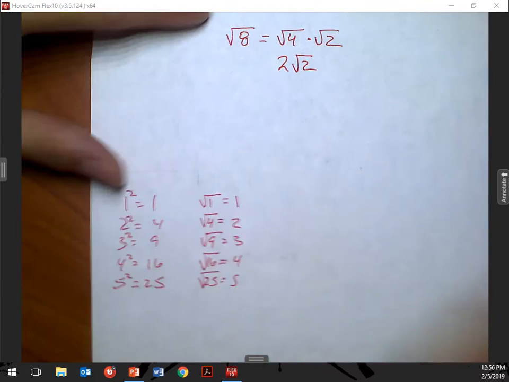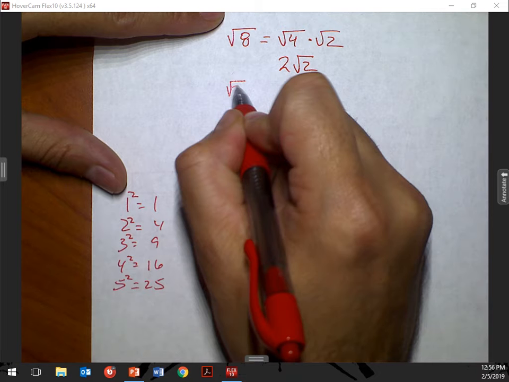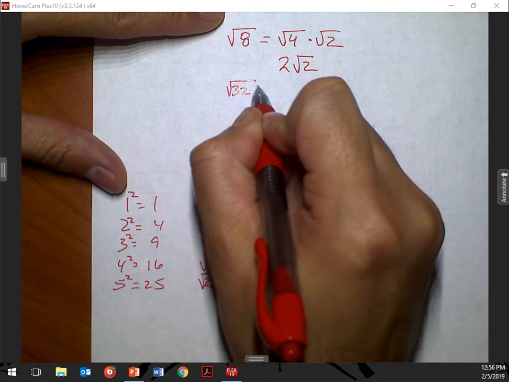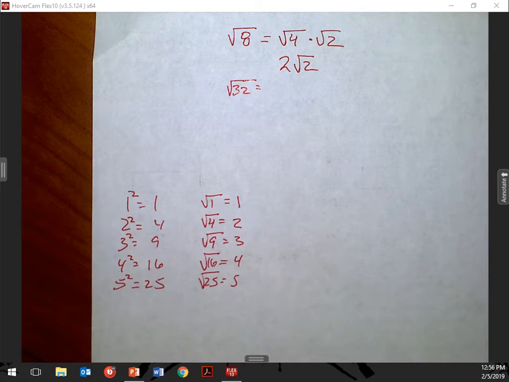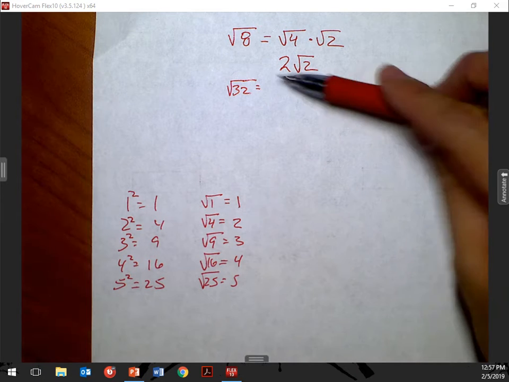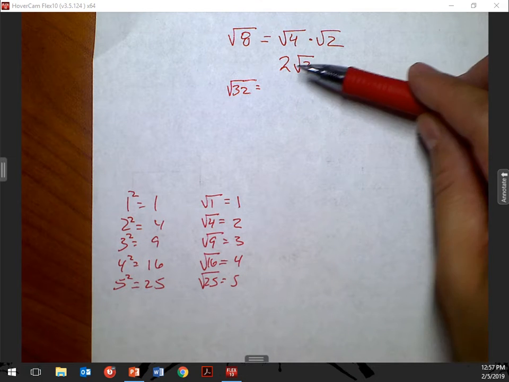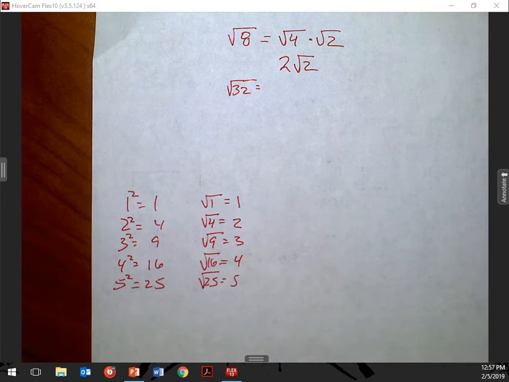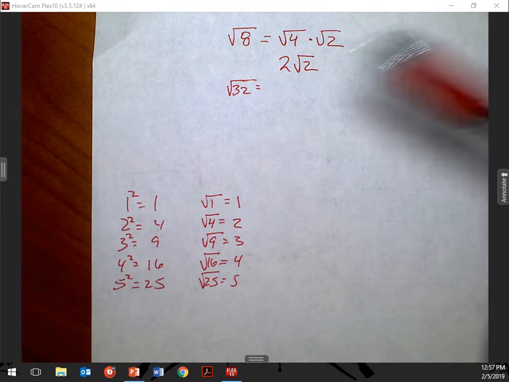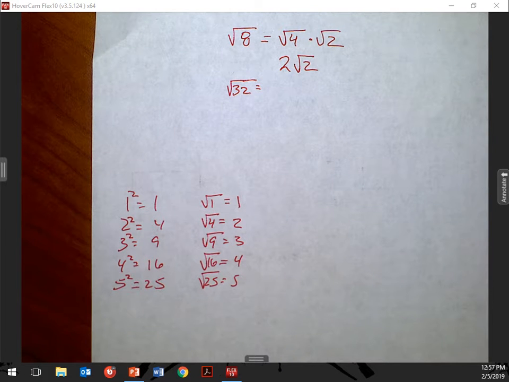So what was the other one? The square root of 32. I want to break it down into something times something, using some of these perfect squares. What times what gives me 32? 8 times 4.